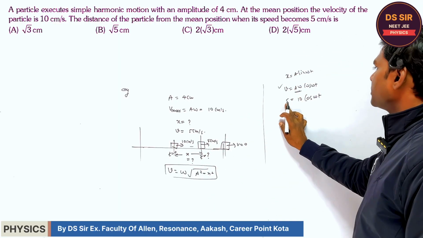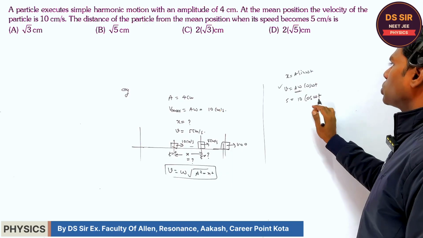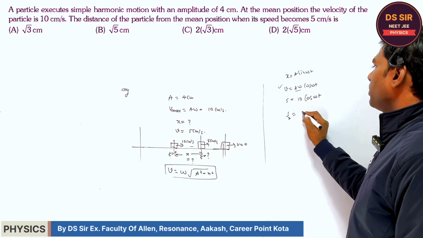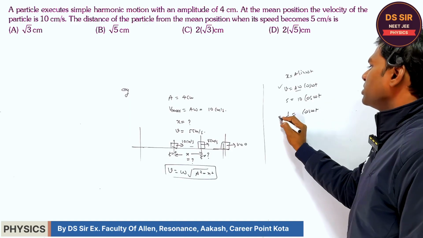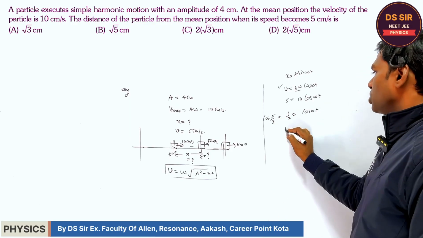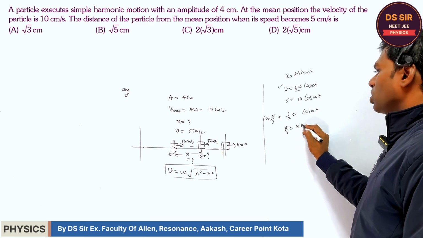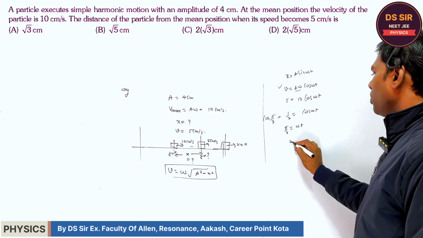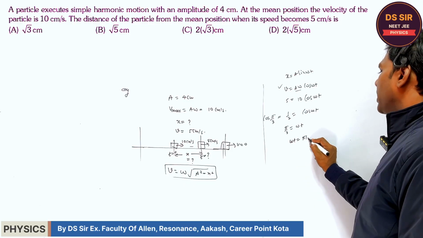So in that case v is equal to a omega cos omega t, because the maximum velocity is given. So it is 1 by 2 cos omega t, and this is equal to what? Cos pi by 3, cos 60. So pi by 3 is equal to what? Say omega t, right? So the omega t value is pi by 3.